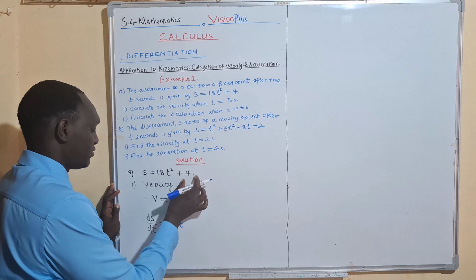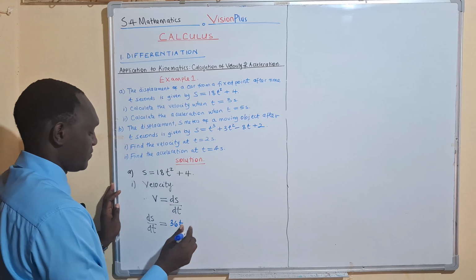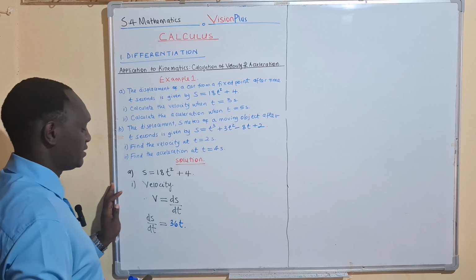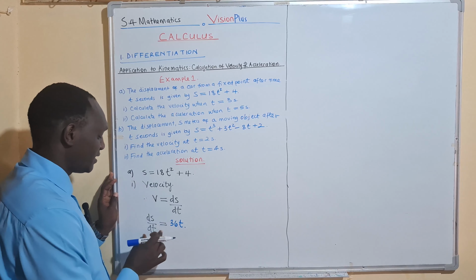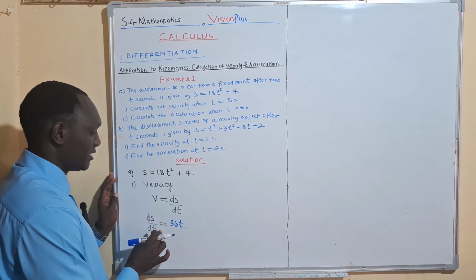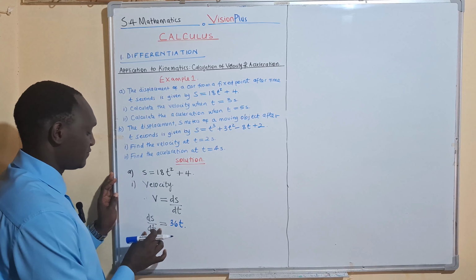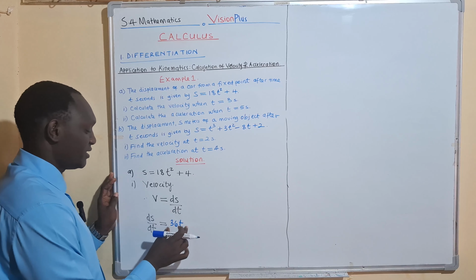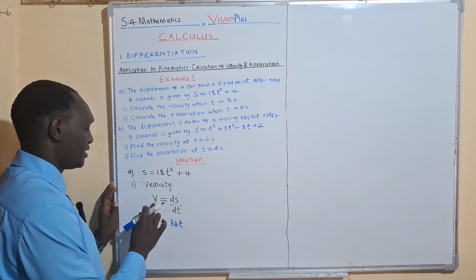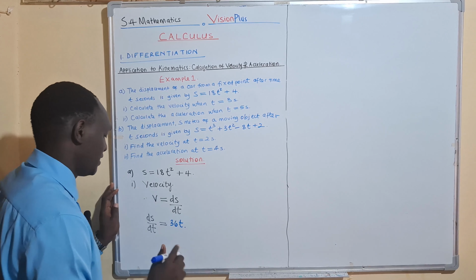If we differentiate any constant, it gives us 0. So plus 0, which is 36t. Now, 36t is the rate of change of displacement, and the rate of change of displacement is what we call the velocity.